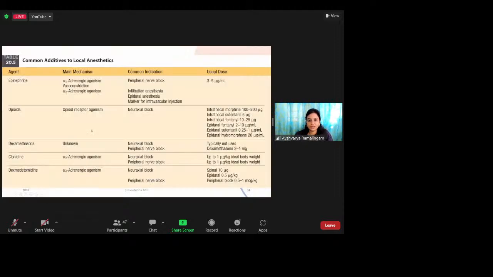This is a table showing the common additives. Opioids are the common additives used in neuraxial blockade. We use intrathecal morphine, fentanyl, epidural fentanyl, and even clonidine is used intrathecally. A lot of studies are going on on that.